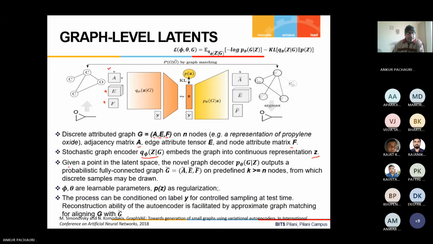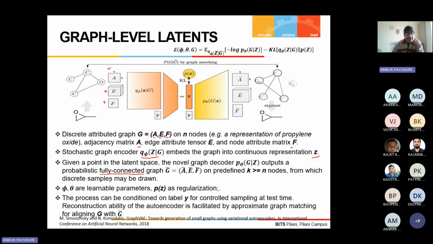Given a point in the latent space, the graph decoder p theta of G, based on the latent information, generates a graph and outputs a probabilistic fully connected graph.